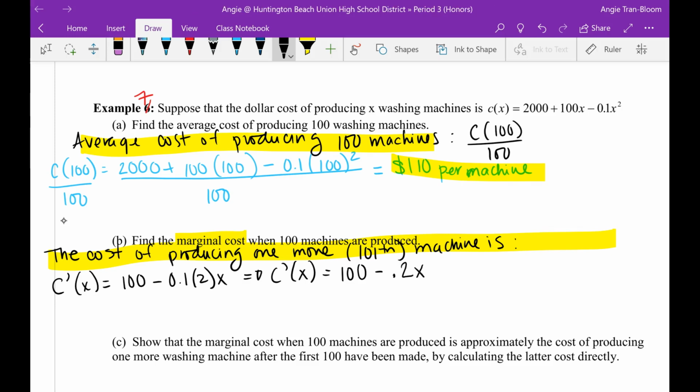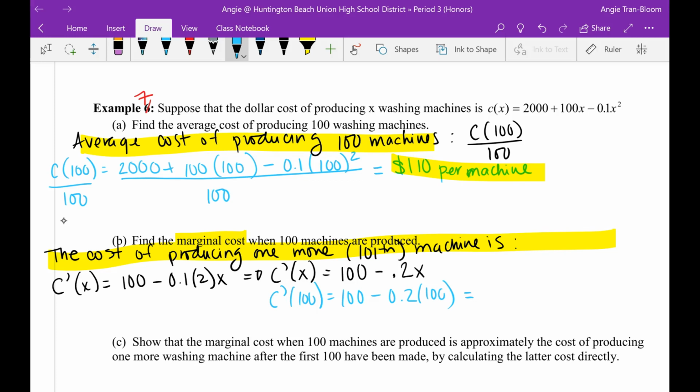Now I'm just going to plug in C prime of 100, which is 100 minus 0.2 times 100.